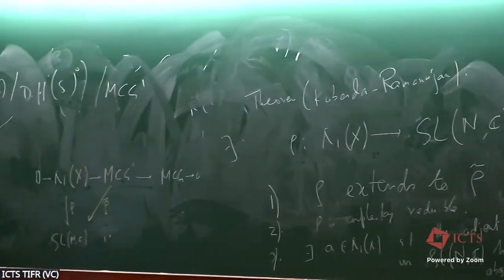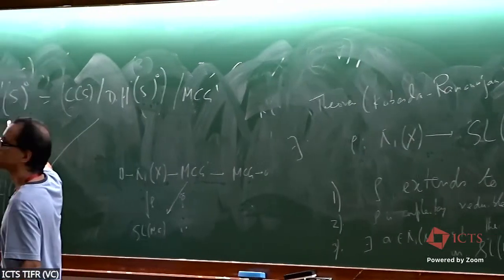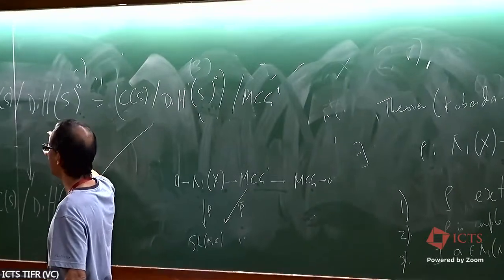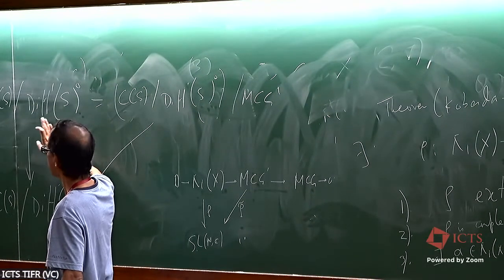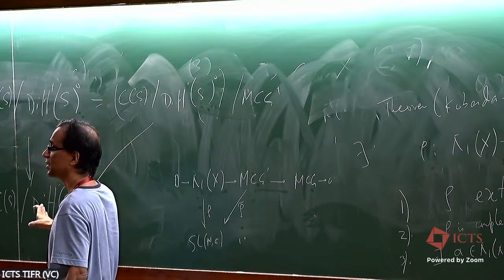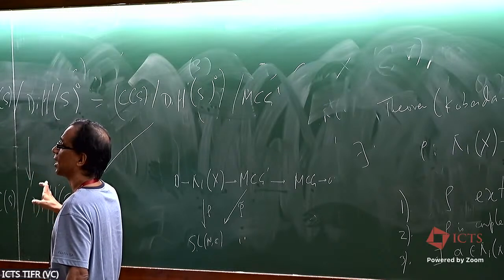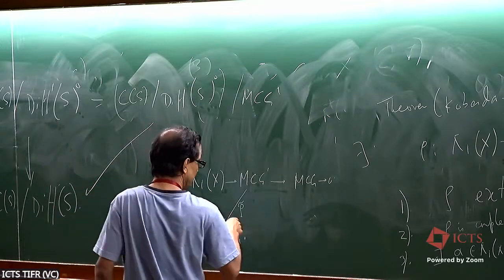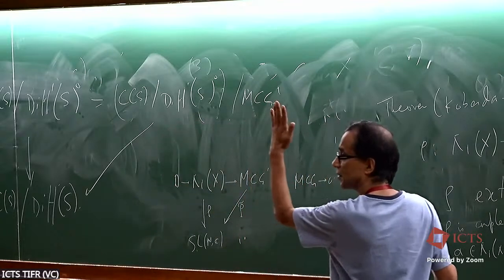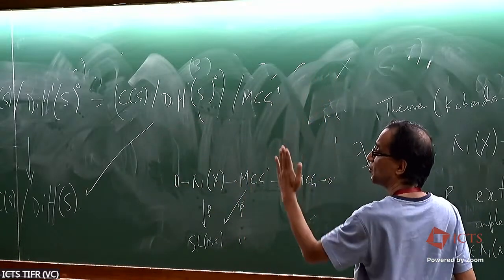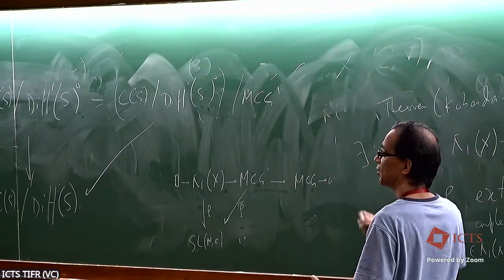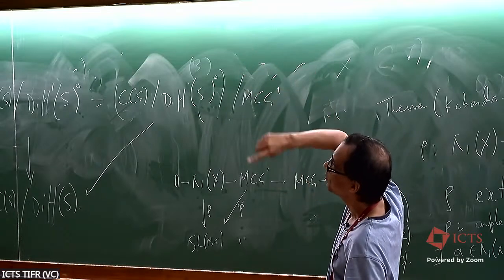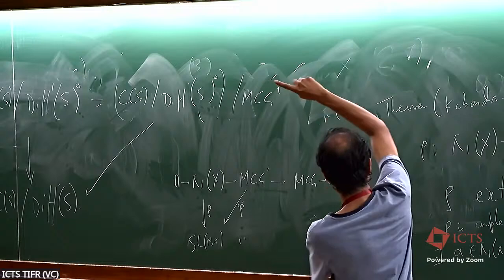So I have a representation of the fundamental group of this, so I have a flat bundle on this universal family of Riemann surfaces over moduli space, such that on each fiber, it is not unitary. Rho on a fiber of the map, universal curve to the Teichmuller space. I have a flat bundle on the universal curve over the Teichmuller space, such that if I take a curve in the fiber, the representation is not unitary.